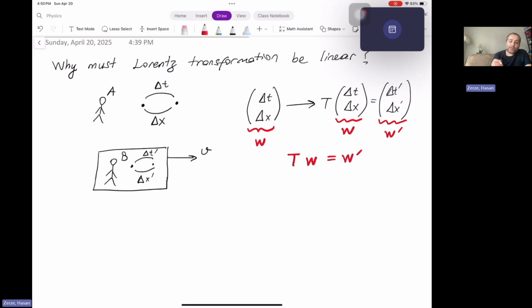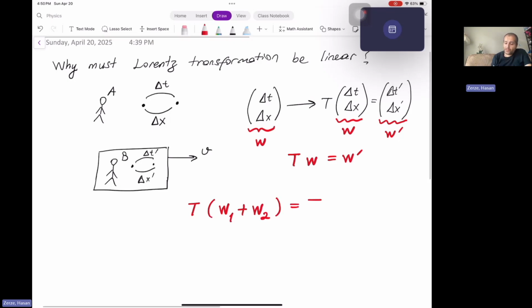Okay, and I would like to show you the following. If I have two vectors added, the transformation is as if you transform them separately and then you add them. Let me show you how this applies.